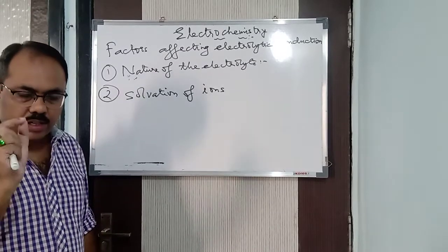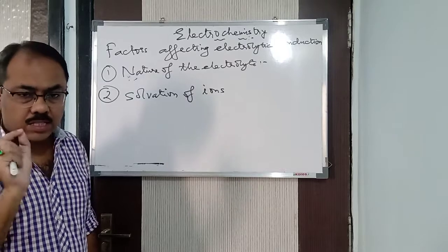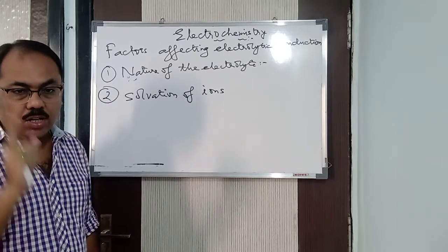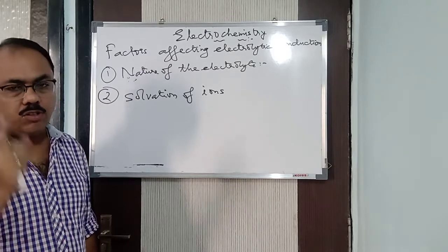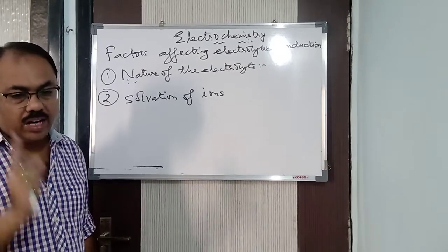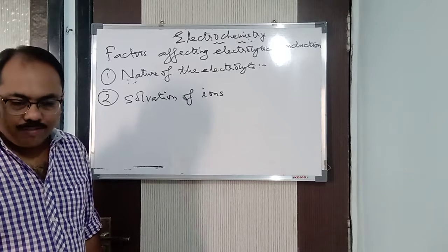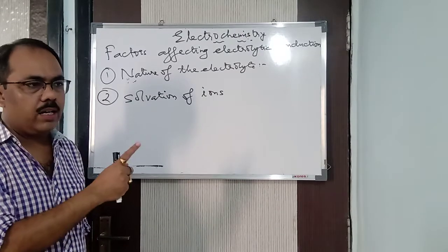Now children, understand one thing: you need ions for the conduction of electricity, because electrolytic or electrochemical conduction takes place due to the presence of free ions. Mind it, not electrons. Remove that from your mind. Electrons are for metallic conduction.